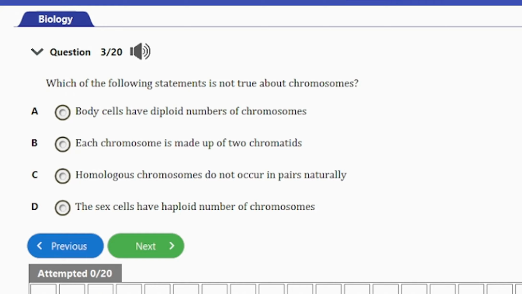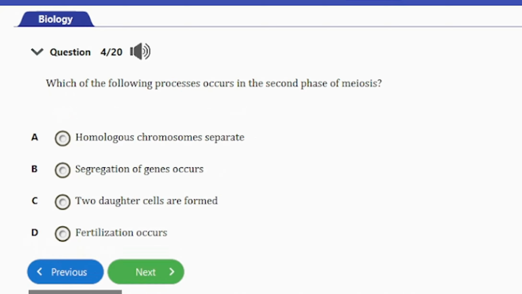So guys, the answer to this question is option C. The one that is not true about chromosomes is option C, homologous chromosomes do not occur in pairs naturally. Actually, homologous chromosomes occur in pairs naturally in diploid organisms, and so this is the answer to this question. Let's consider the next question, guys.